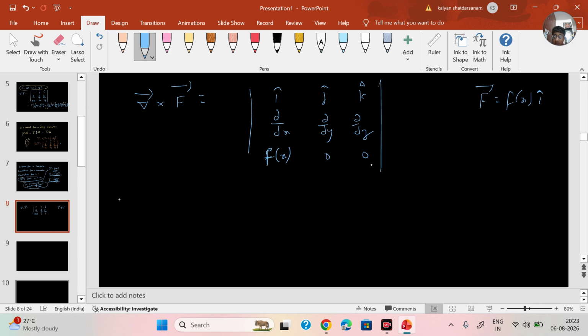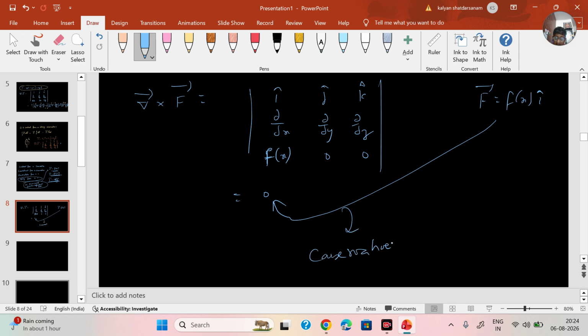First close this row and column, 0 minus 0, it will be 0. Then close this row and column, 0 minus dou by dou z of f of x, is 0. It should depend on z if you want it to be non-zero. Then the third case, dou by dou y of f of x is also 0. So del cross f turns out to be 0. So this one-dimensional position-dependent force is conservative.